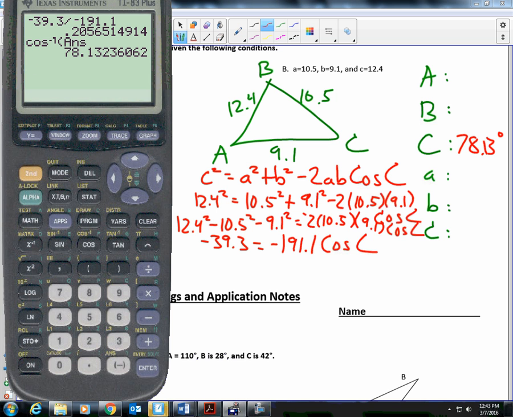So that means that that's my largest angle. So there's no obtuse angle at all. My other sides, side A is 10.5, side B is 9.1, side C is 12.4. How do I find angle A and angle B? Law of sines. Sine of 78.13 divided by 12.4 is equal to the sine of A over 10.5.